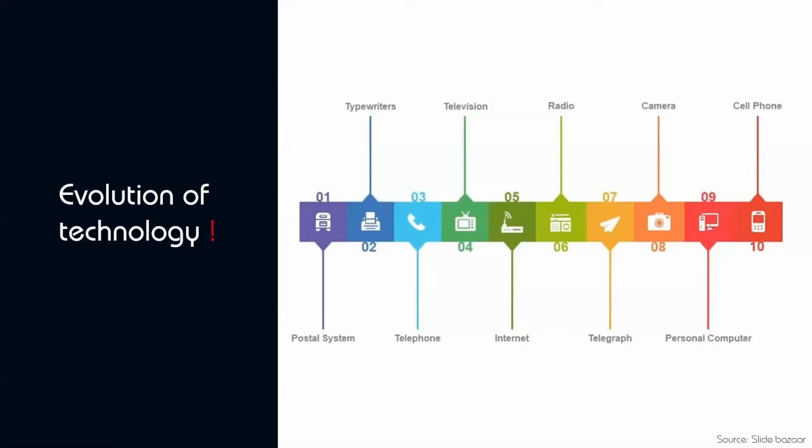At initiation, we had systems like postal systems, telephones, and typewriters through which we communicated. Then it evolved to televisions and radios. And now we have personal computers and cell phones.